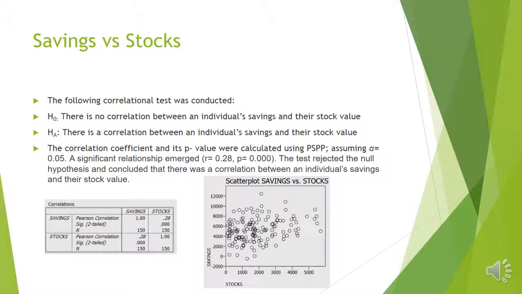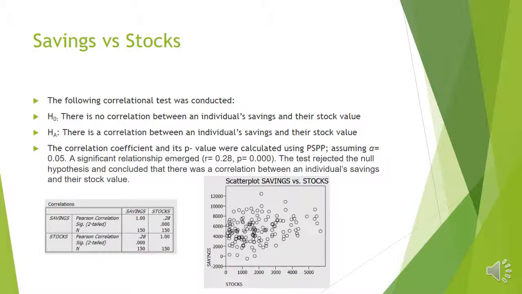Our next correlation has been savings versus stock, where our test was conducted with a null hypothesis stating that there is no correlation between an individual's savings and their stock value. Alternatively, our alternative hypothesis would then state that there is a correlation between an individual's savings and their stock value.